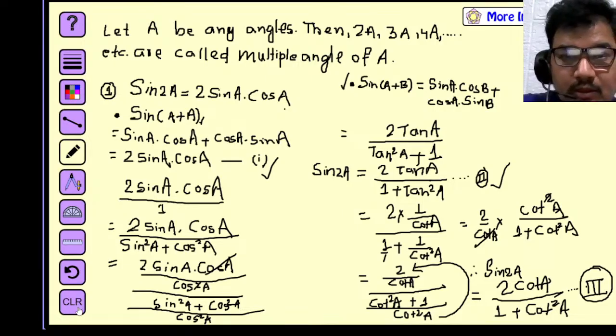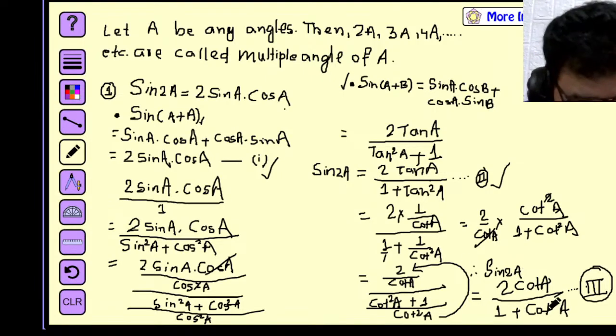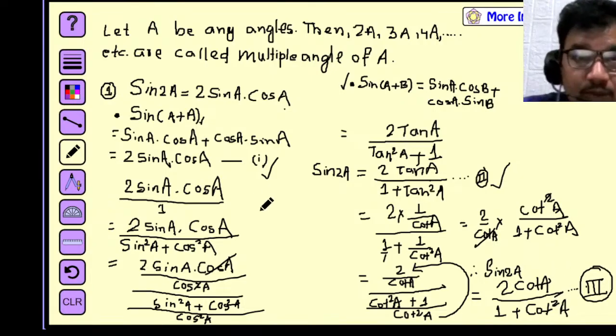Okay, this number one sine 2a equals to 2 sine a cos a. And next one there is sine 2a equals to 2 tan a by 1 plus tan square a. And next one is there sine 2a equals to 2 cot a by 1 plus cot square a. Okay, how it comes here. This is the process to find out.